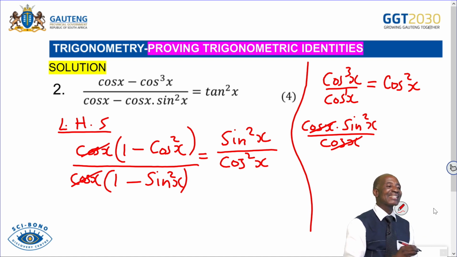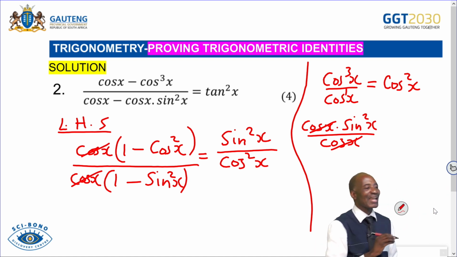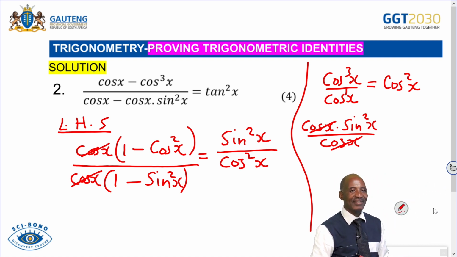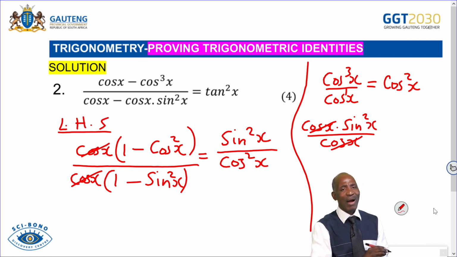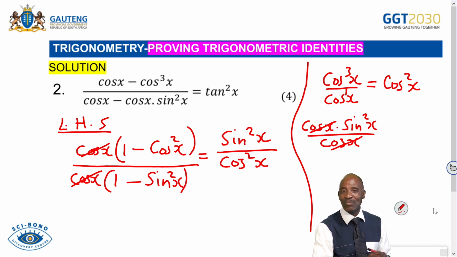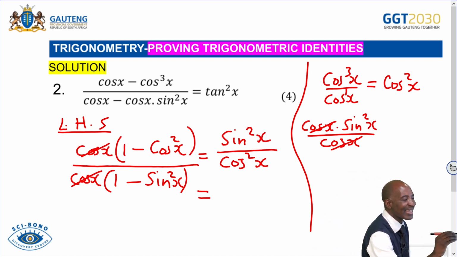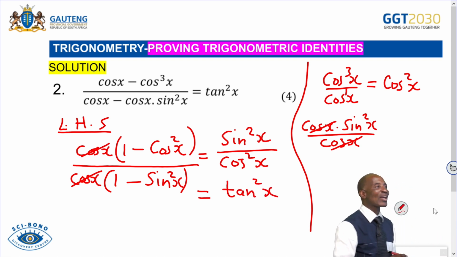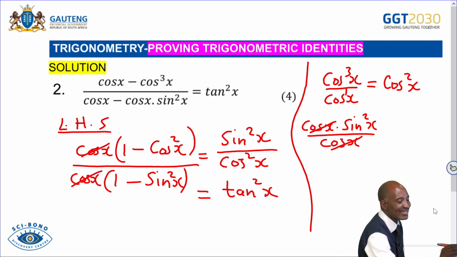Since the angle is the same, and the powers or exponents are the same, sine divided by cosine will always yield tan. So therefore, this will simplify to tan squared x, which equals your right-hand side.